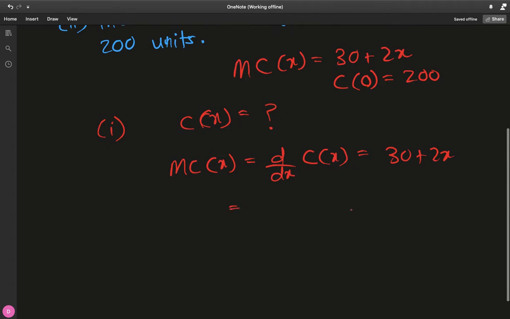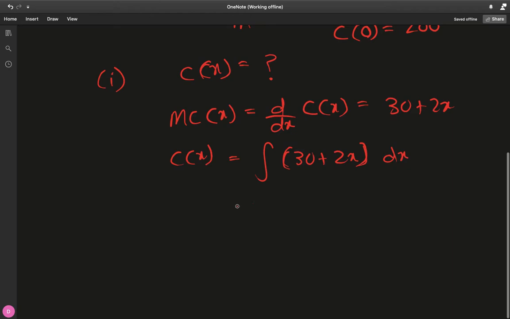So in order to find our cost function, we need to integrate with respect to x, 30 plus 2x, right? Basically antiderivative or indefinite integral. So when we actually do that, our cost function is 30x plus x squared plus constant of integration, I don't know, call that d.